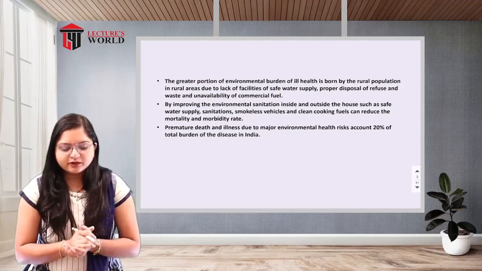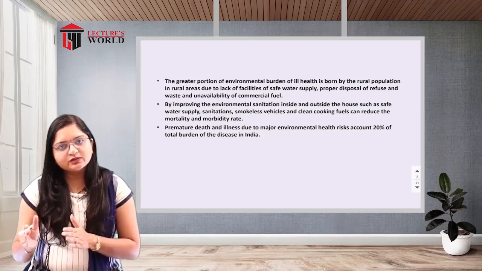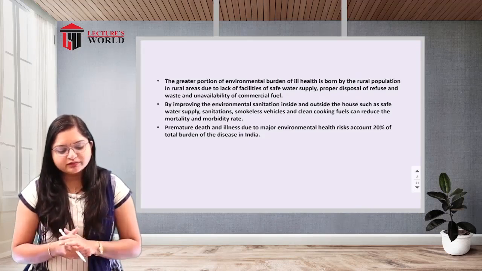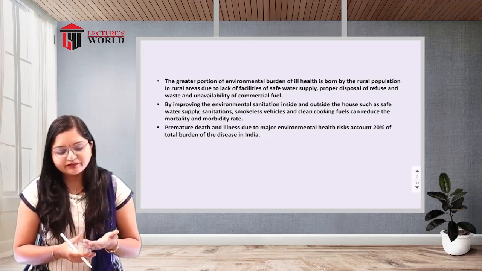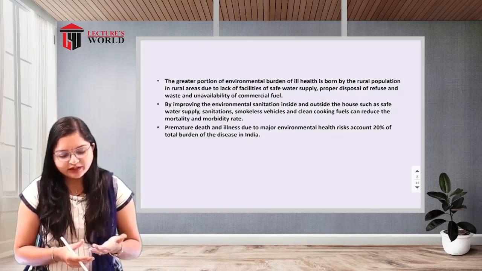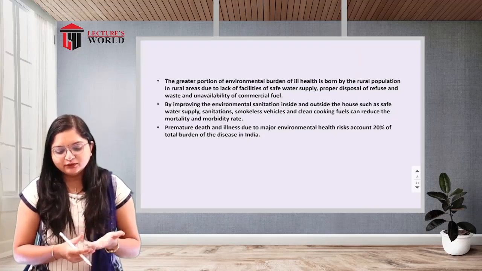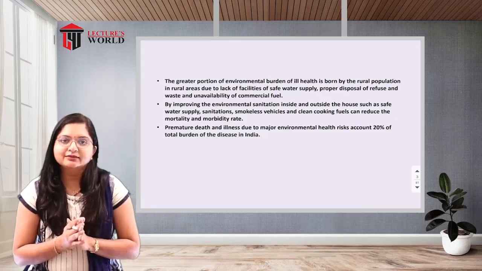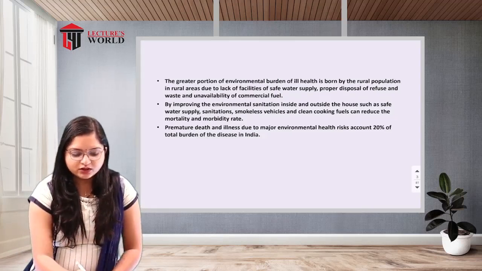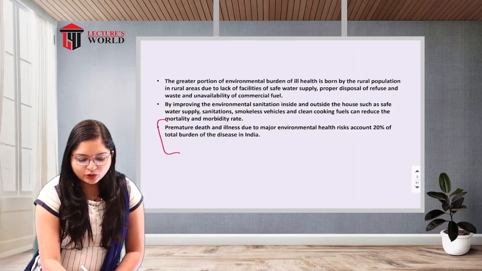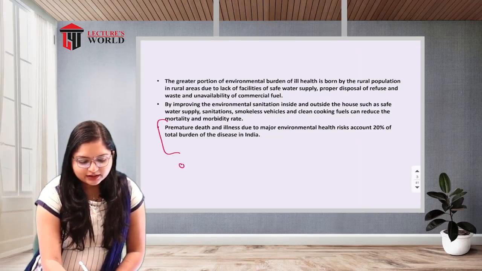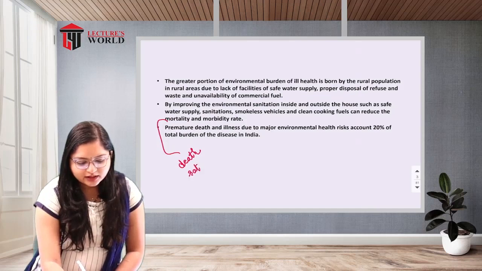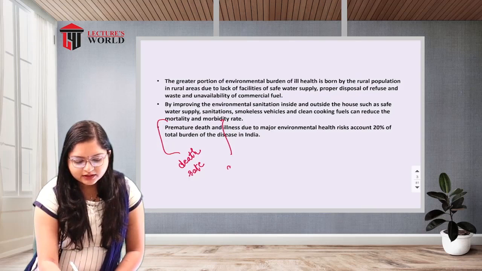Improving environmental sanitation inside and outside the house, such as safe water supply, sanitation, smokeless vehicles, that means non-polluting vehicles, and clean cooking fuels, can reduce the mortality and morbidity rate. As we have already discussed, mortality rate is the death rate, and morbidity rate is the disease or illness rate.